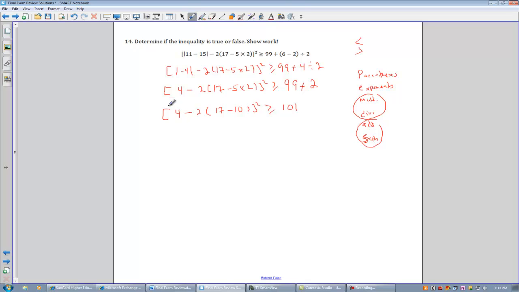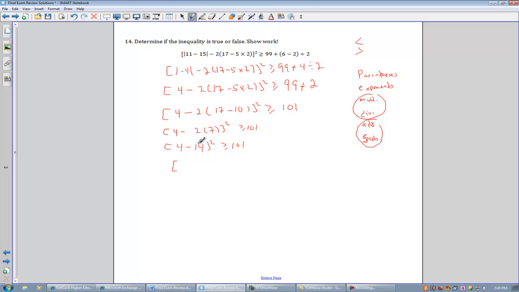So again, I work inside the parentheses, and I have another set of parentheses, so I do this subtraction. So I get 4 minus 2 times 7, all squared, bigger than or equal to 101. And then inside here, I have subtraction and multiplication, so I do the multiplication first. So 4 minus 2 times 7 is 14. Quantity squared, bigger than or equal to 101.